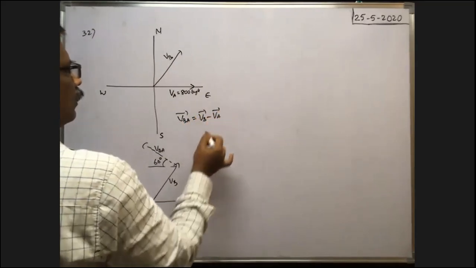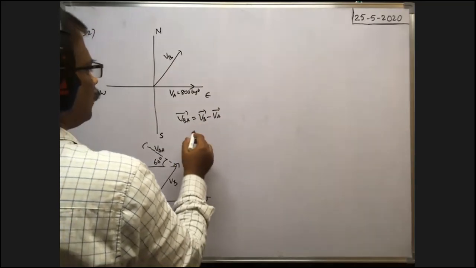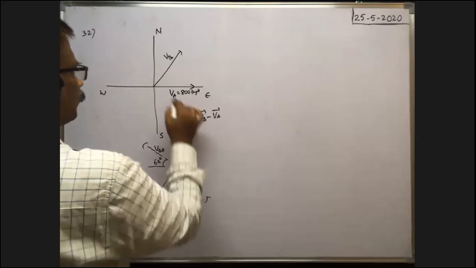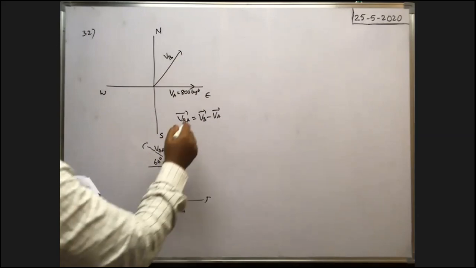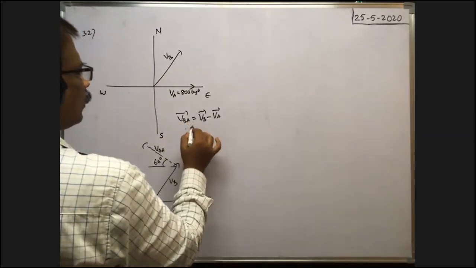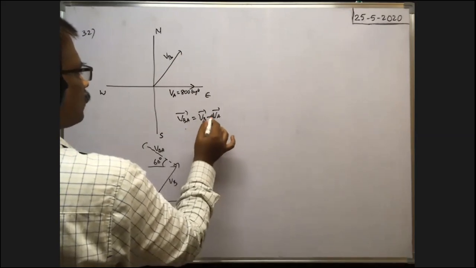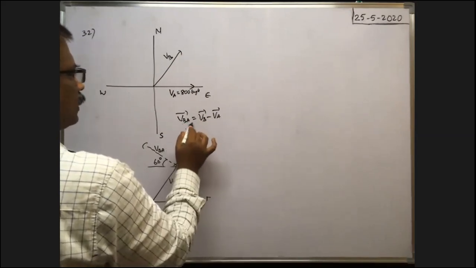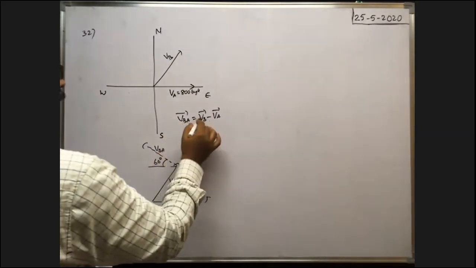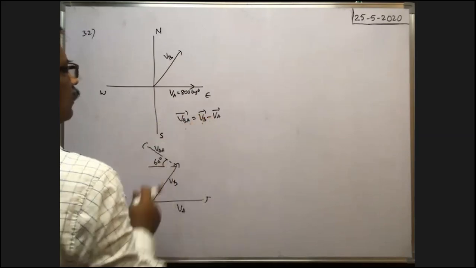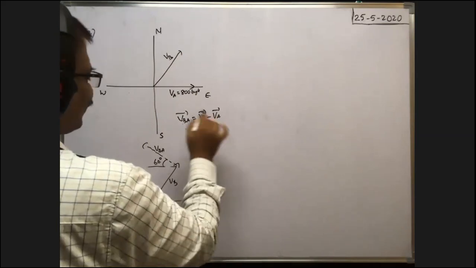What is the direction of VBA bar? Velocity of B minus velocity of A means to VB we have to add minus VA. When you add minus VA, the resultant is the same.